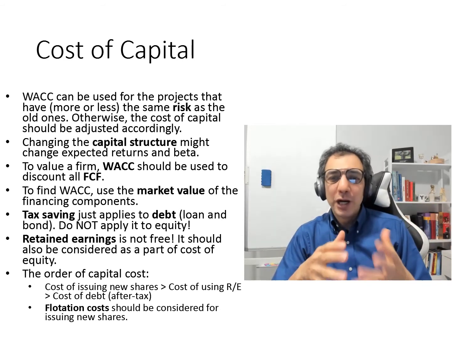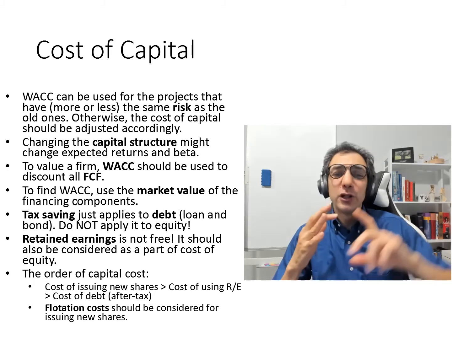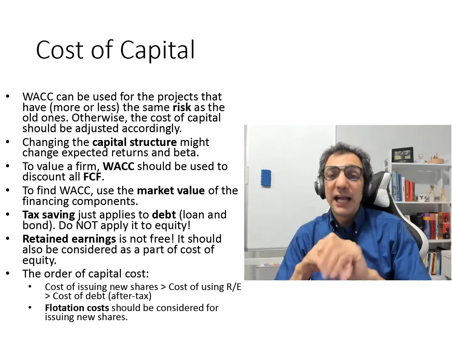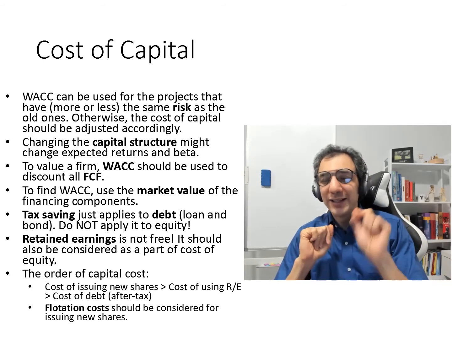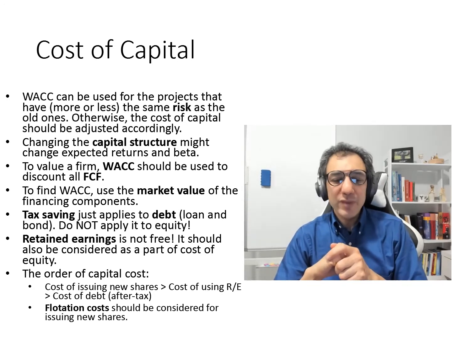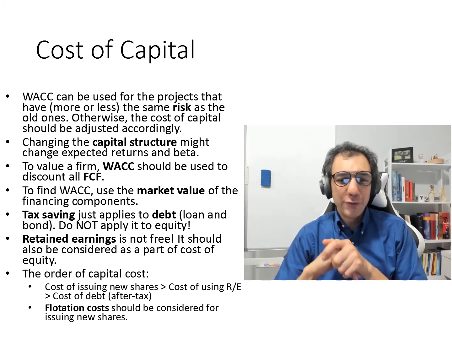So you can say the cost of issuing new shares is the most expensive one, followed by the cost of equity using retained earnings, and the last one is the cost of debt. Why is the cost of debt the cheapest one? The major reason is the tax saving. So we should go with the after-tax cost, as we argued before.